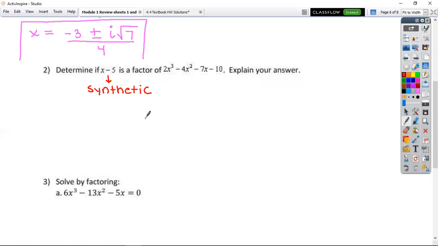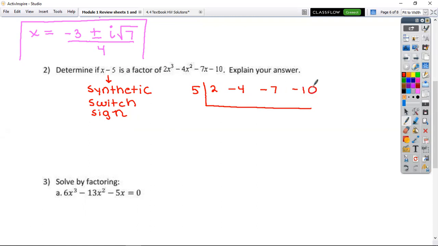So you're going to take that negative 5 and you're going to switch your sign. Whenever you have a factor, you're going to switch your sign. So I'm going to do positive 5 divides into 2, negative 4, negative 7, and negative 10, because all my terms are accounted for.